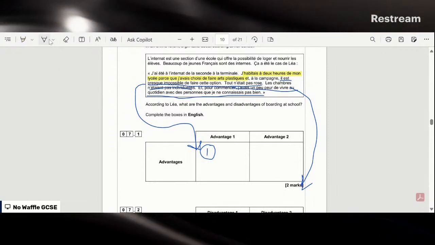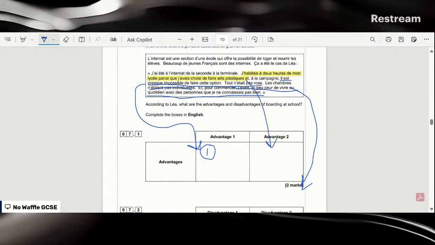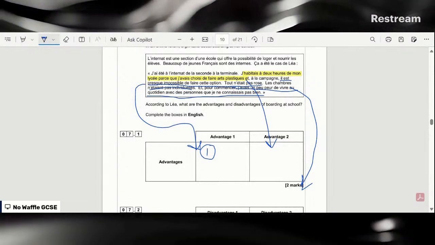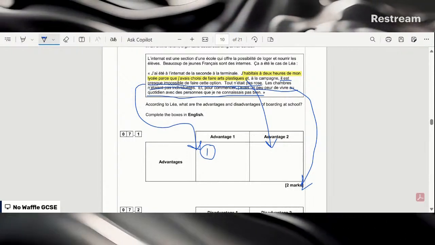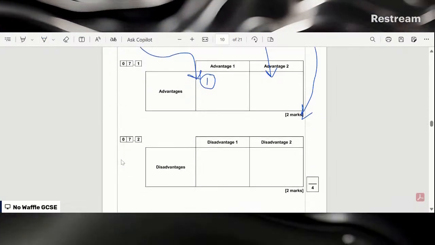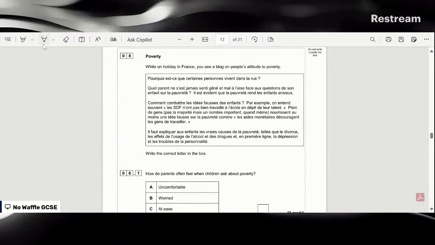So it's more beneficial for her. So that's another advantage that you can mention. Okay. And we've spoken about disadvantages. So now on to the next question.